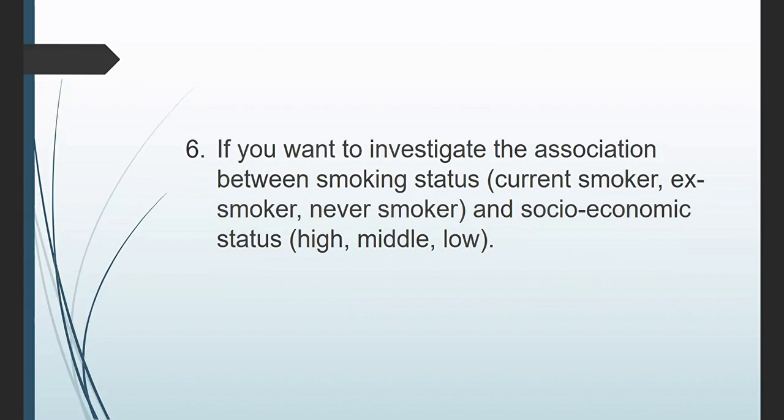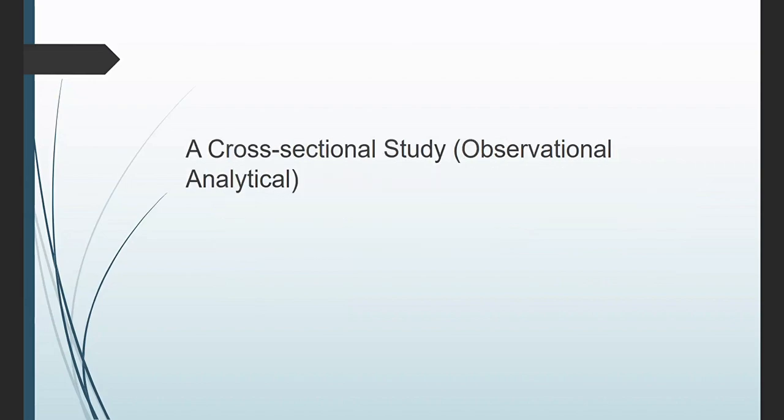So what is observational? Under observation, there are 4 of them. So this one falls under which one? Yes, it can be a cross-sectional study. No, this is not a prospective study. You just want to see association between smoking and socioeconomic status. So this is just a cross-sectional study.